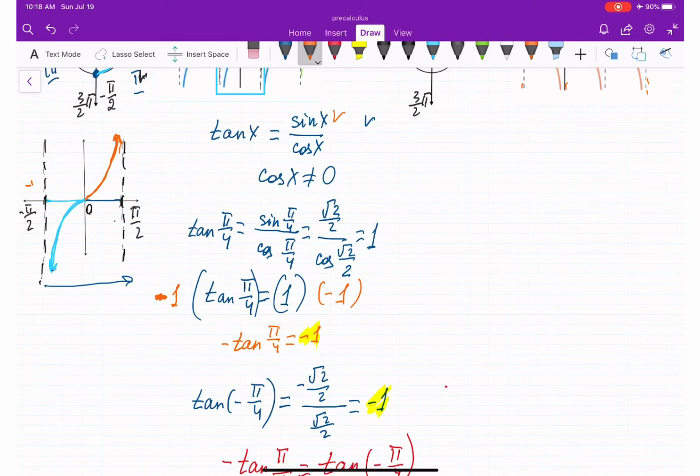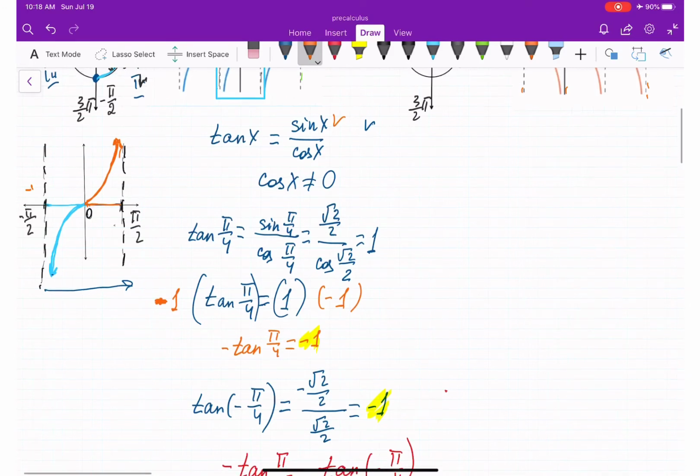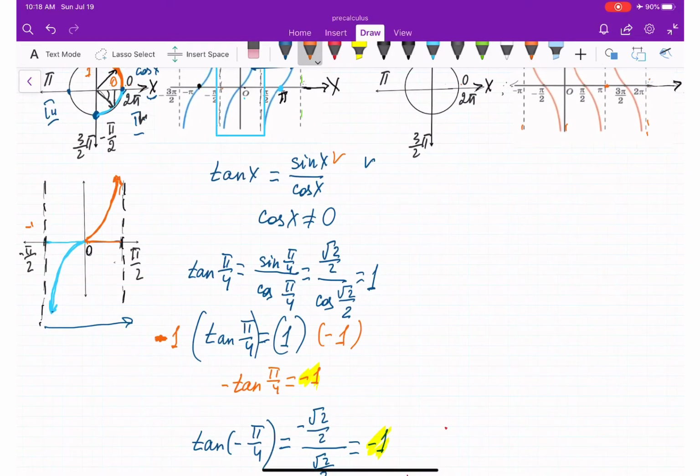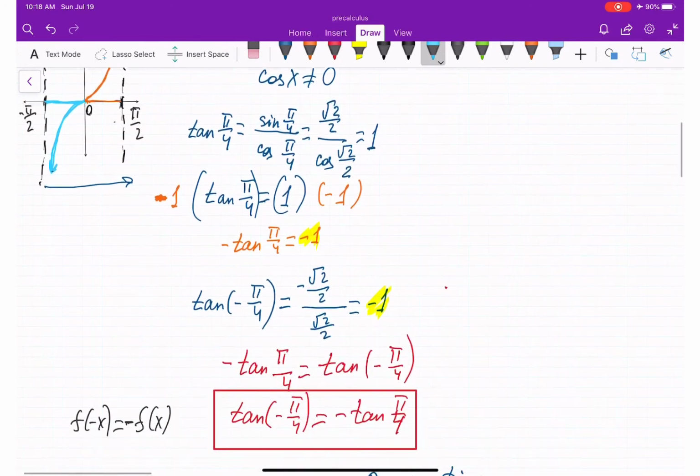And so it is positive. All right? And it's going to be negative from negative half a pi to 0. Why? Because the graph is below 0, so it's negative. And above 0, it's going to be positive. So from 0 to half a pi, it's positive. From negative half a pi to 0 is negative.